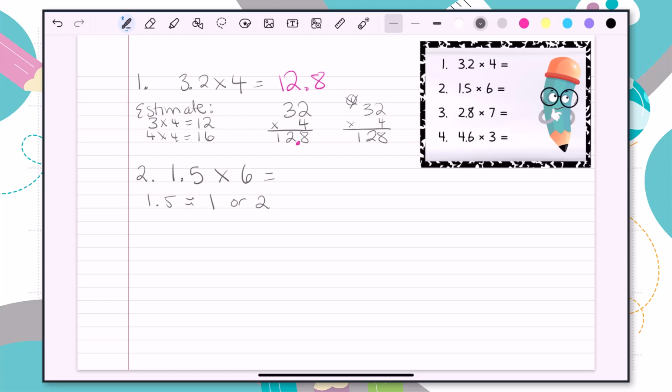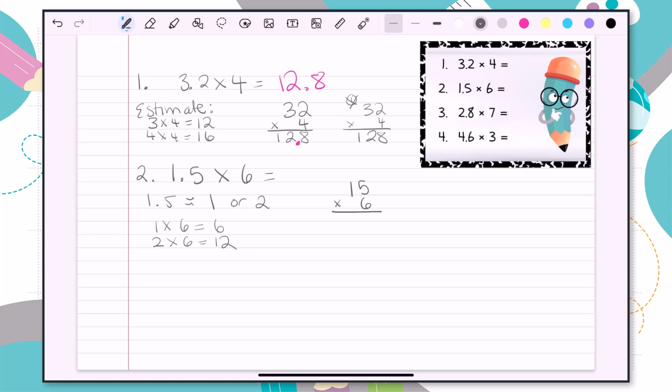So 1 times 6 is 6, and 2 times 6 is 12. What that tells us is when we do our decimal multiplication, our decimal point needs to go somewhere that makes our answer between 6 and 12. Eventually, you won't have to write out these steps.